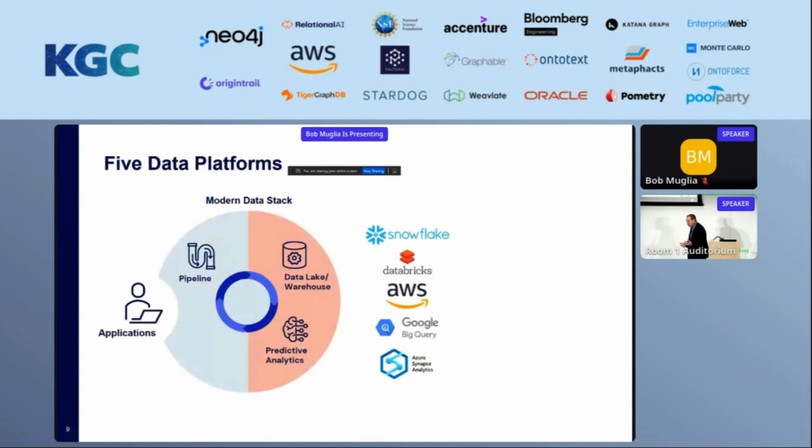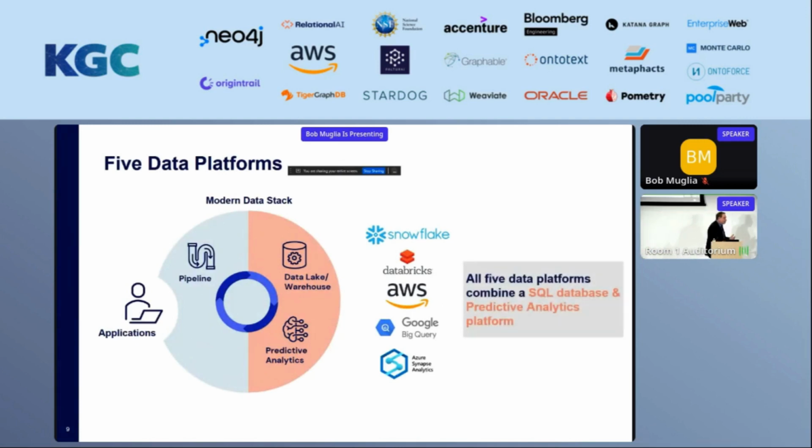And yet there's a lot of different moving parts required to actually solve the problem. If you look at what these 5 platforms are doing, they all started in a different place, but they're all converging, and they're all building a similar platform that contains both a modern SQL data warehouse together with a platform for building predictive analytics, generally always off the data frame, but often based off of Spark.